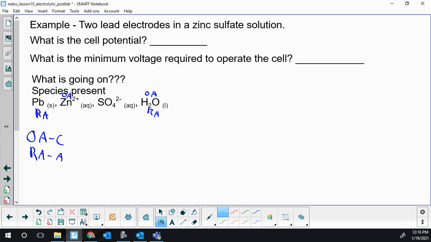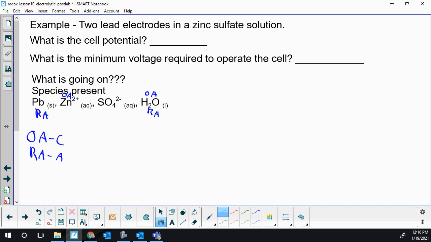So look in your table, find some of those sulfates and see if we have any of the pairings here. Sulfate, even as a teacher, is the hardest one to do quickly. I just know to look carefully and not rush. As I'm scanning through, I'm not really seeing sulfate on the OA side of my table.